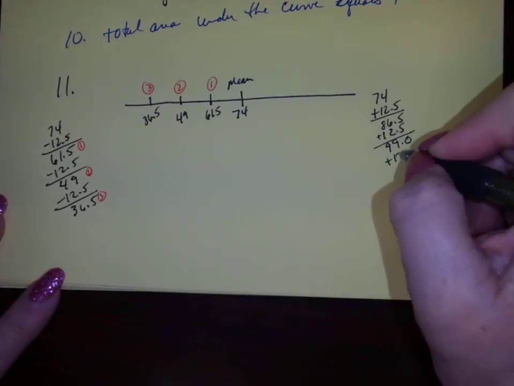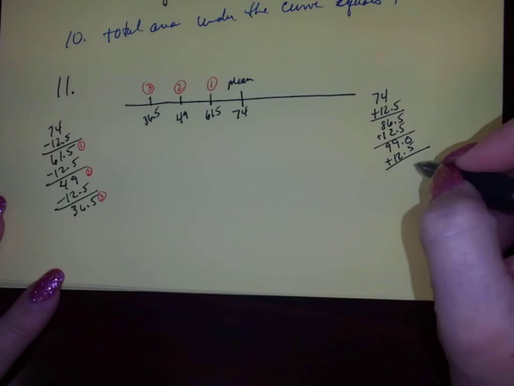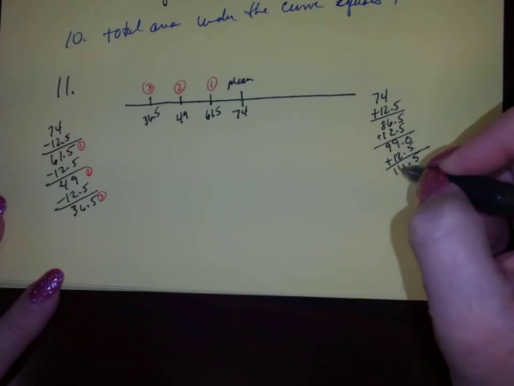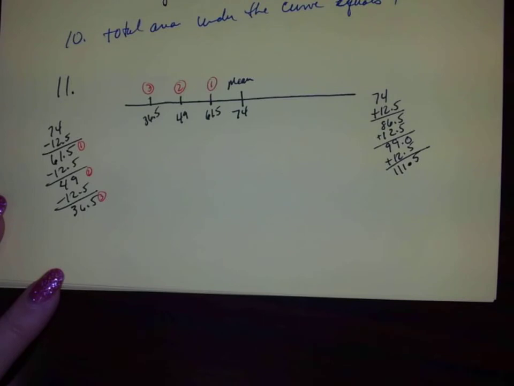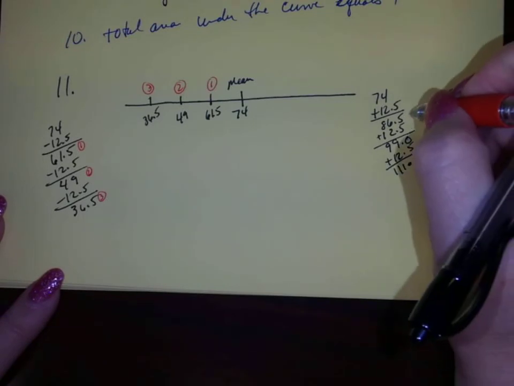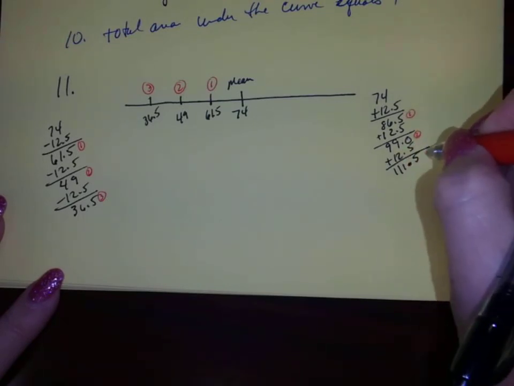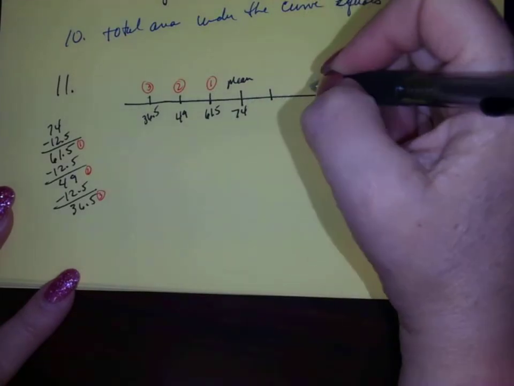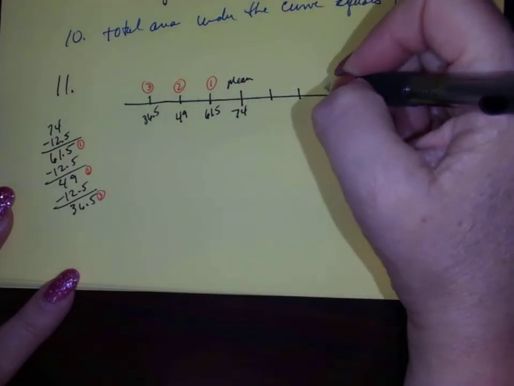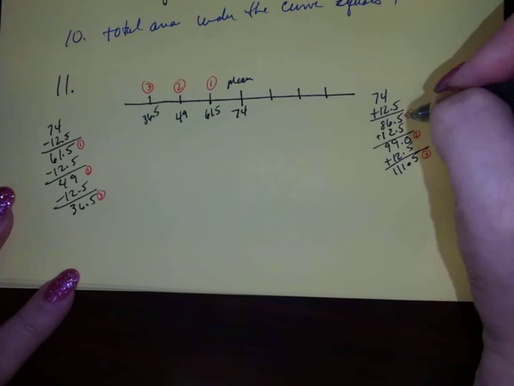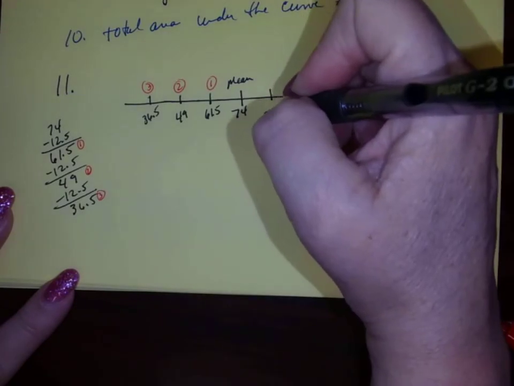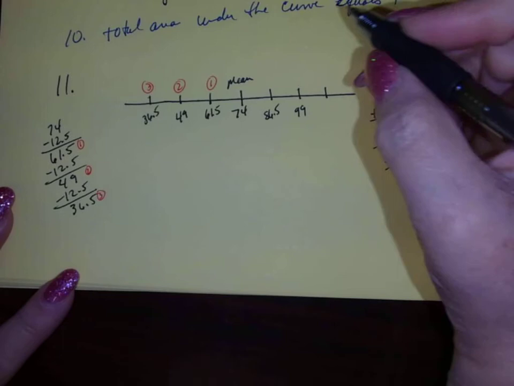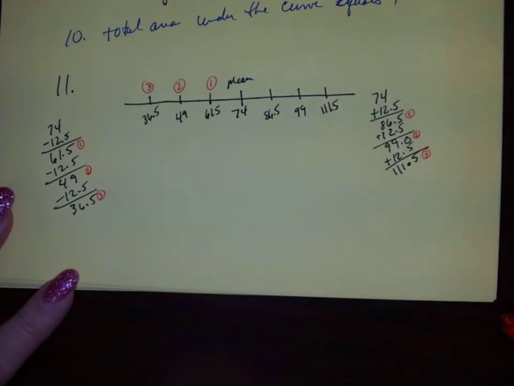And then plus 12.5 again, and that'll get us 111.5. So this again will be 1, 2, and 3 standard deviations away. So 1, 2, 3 standard deviations. We'll have 86.5, 99, and 111.5.